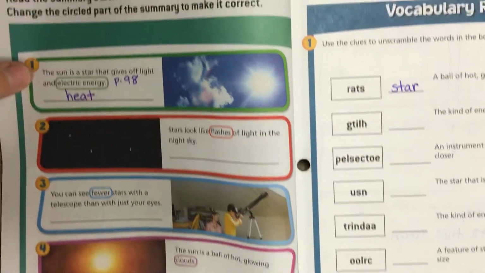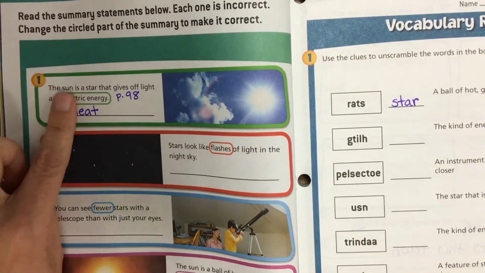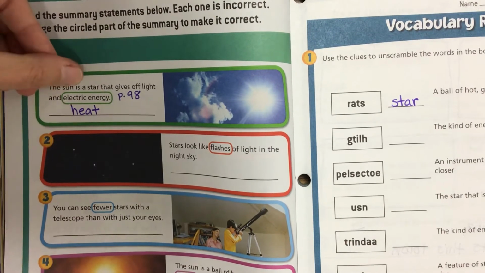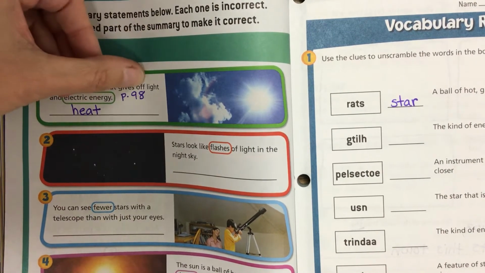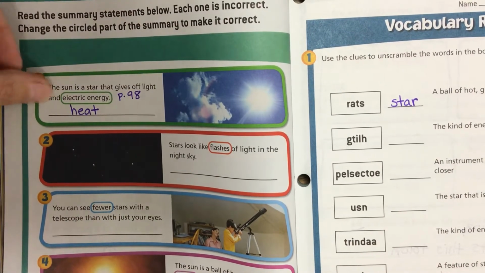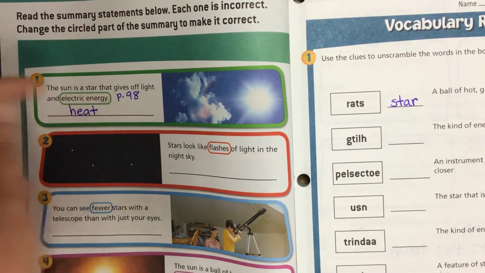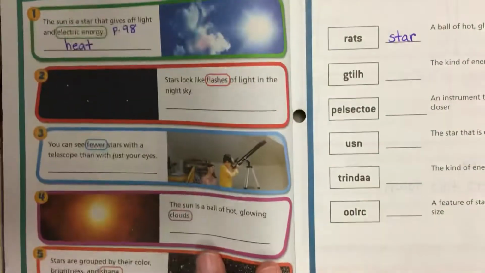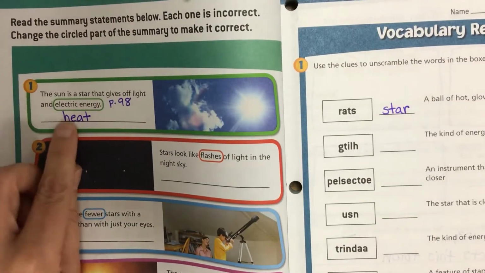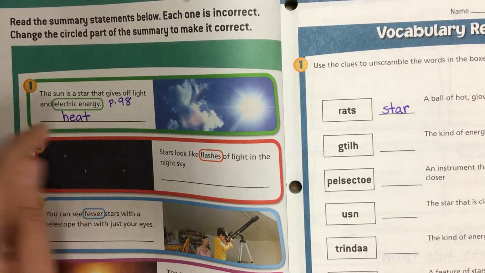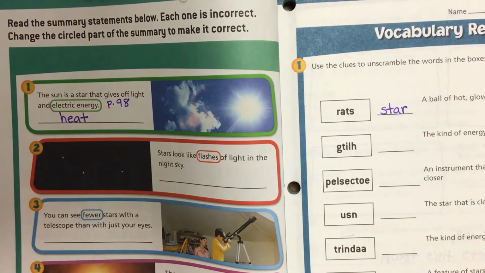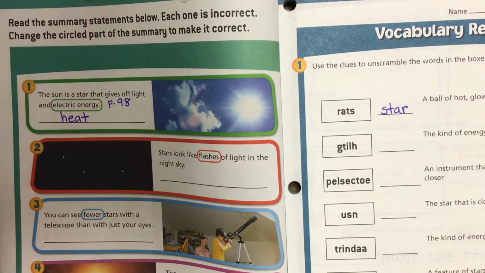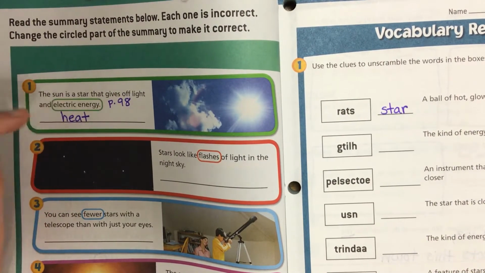So if I look at this question again, the sun is a star that gives off light and not electric energy. The text says it gives off heat. So I'm going to put the correct answer on the line here. You could even cross out the word in the circle just to help you remember that's not the right answer. We're going to write the right answer here.